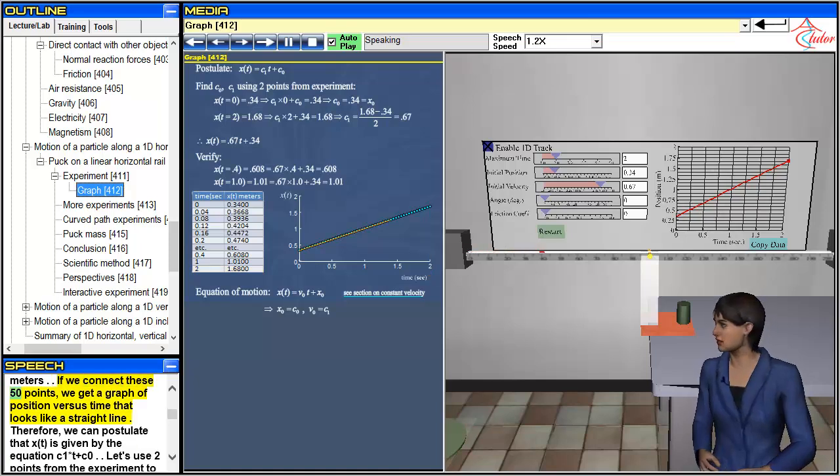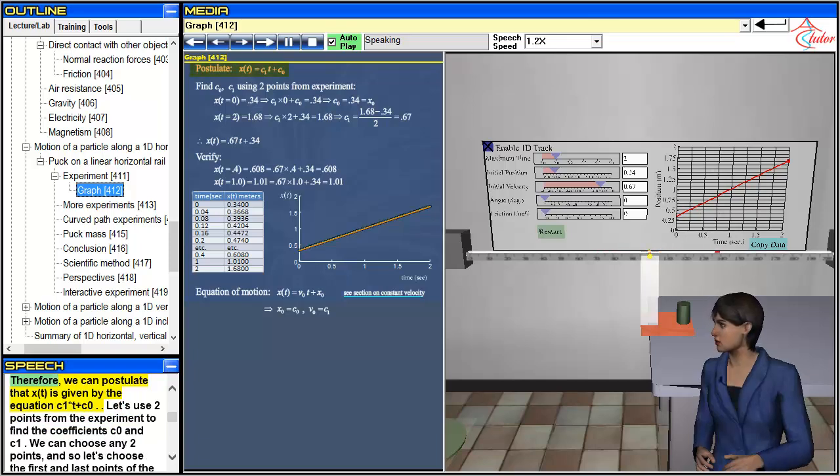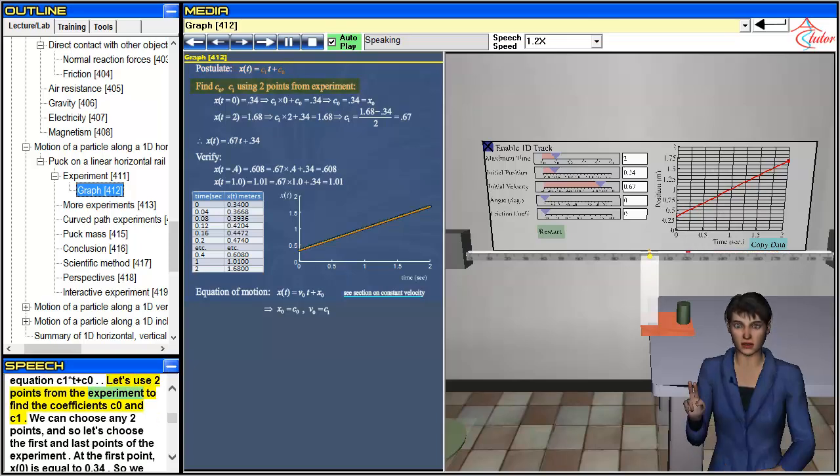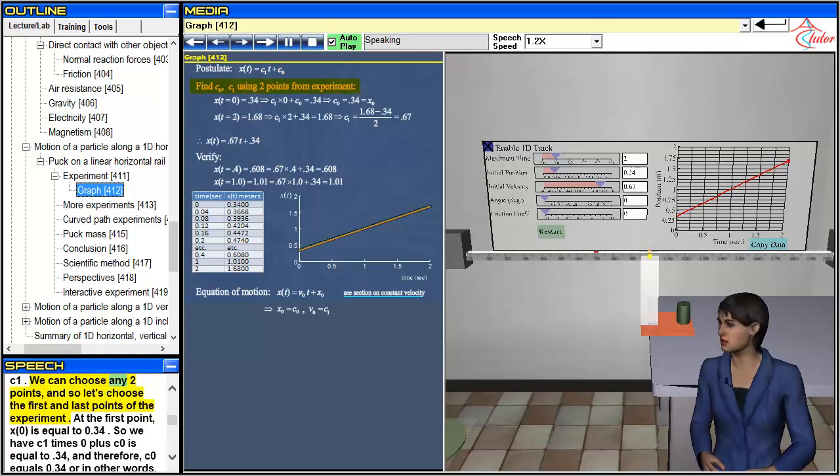If we connect these 50 points, we get a graph of position versus time that looks like a straight line. Therefore, we can postulate that x of t is given by the equation c1 times t, plus c0. Let's use 2 points from the experiment to find the coefficients c0 and c1. We can choose any 2 points, and so let's choose the first and last points of the experiment.